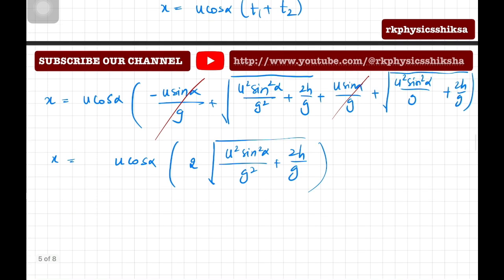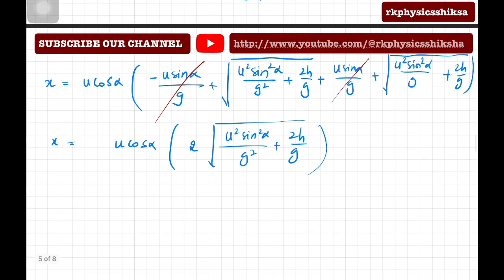Now if I take g common out, I get 2u cos alpha divided by g into root of u square sine square alpha plus 2gh.